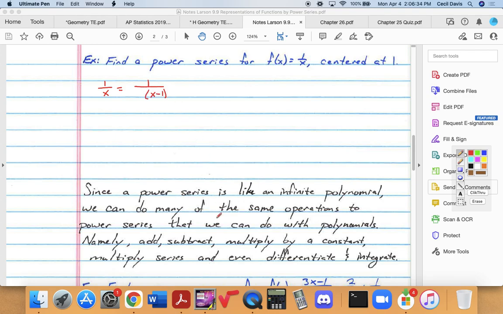So at that point, what have I done to the denominator? I've subtracted 1. So I need to add 1 to compensate for that. Then I want it to be a over 1 minus r. How am I going to do that?